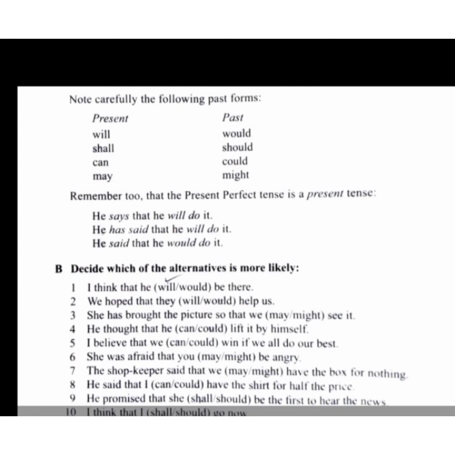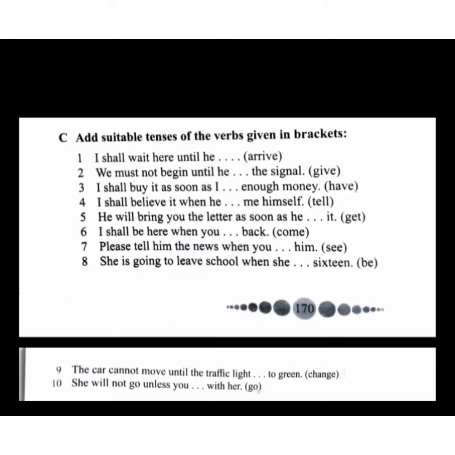Okay. Now coming up to the next exercise, that is exercise C: add suitable tenses of the verbs given in brackets. So here you can see, as I told you earlier, that if the principal clause is in future tense or present tense, it will be followed by a subordinate clause which shows present tense.